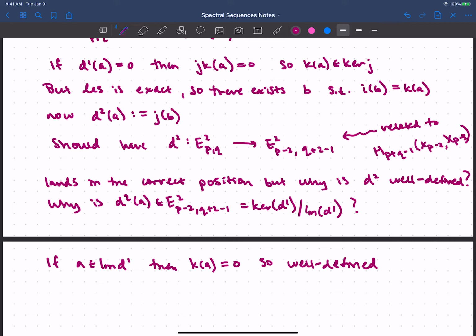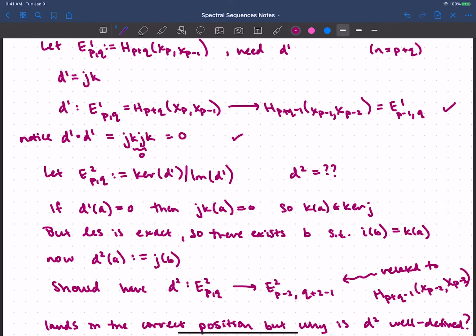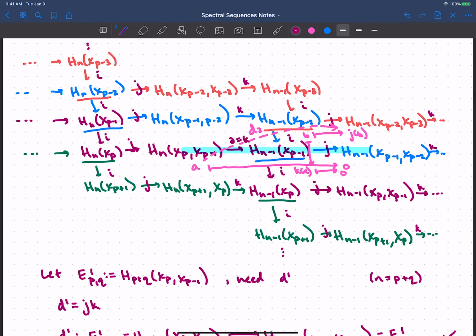Now I'm going to scroll back to our unraveled exact couple. I claim that if A is in the image of D1, then K applied to A is 0. So let's see if we believe that. Well, looking up here, if A is in the image of D1, that means something back here hit it. And now I took something from back here, I apply that to get A, and then I apply K, but now I've applied 2 successive things in the same long exact sequence. So definitely K applied to A will be 0.